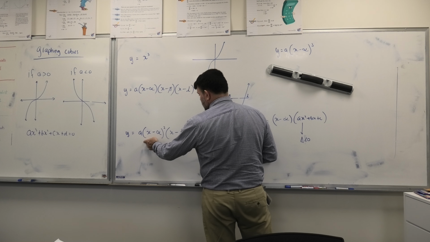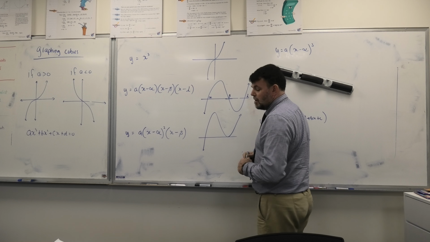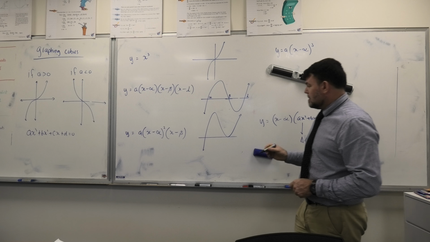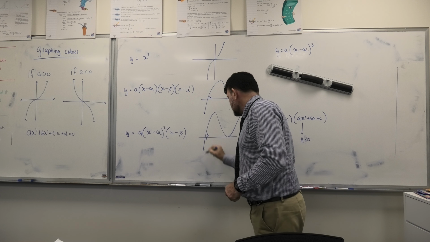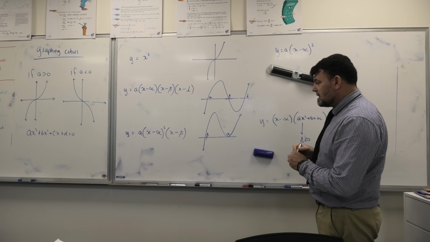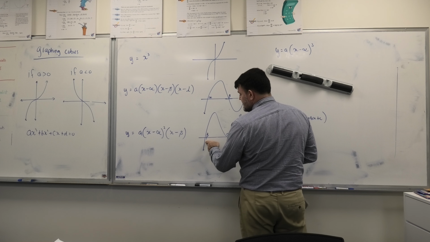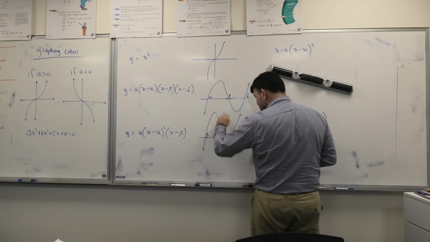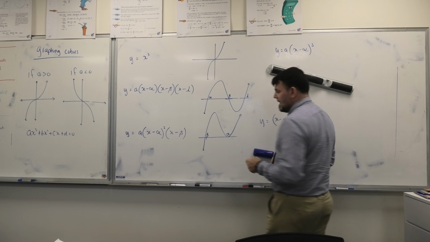I could move these around in terms of what I've got for my functions. So I would say that this here will be beta and this here will be alpha. So it's crossing the x-axis at beta and touching at alpha.